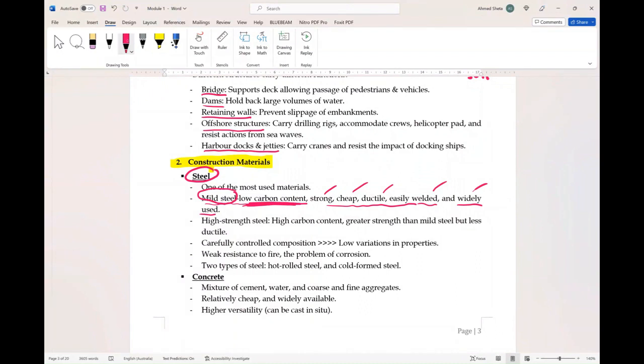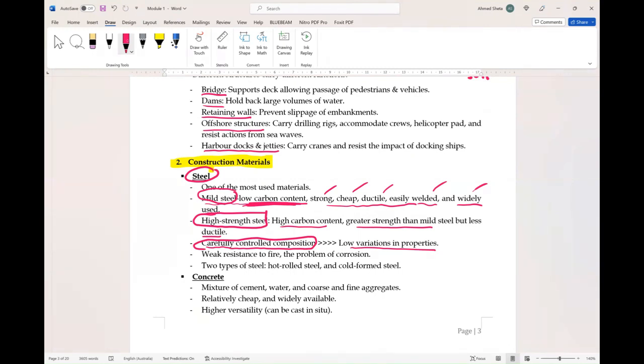The second type of steel we have is high strength steel, which has high carbon content and is greater in strength than mild steel, but the problem is it is less ductile. Because steel is produced in factories with high quality control, it has low variations in durability.